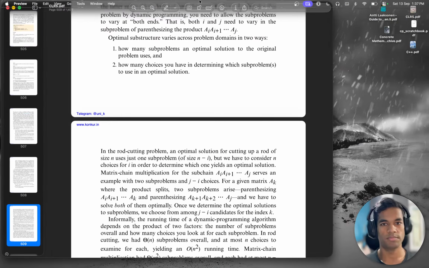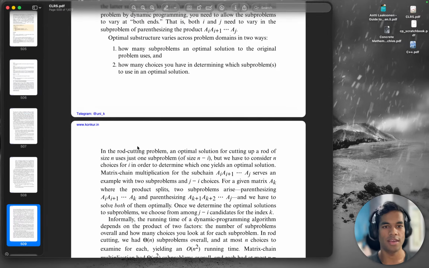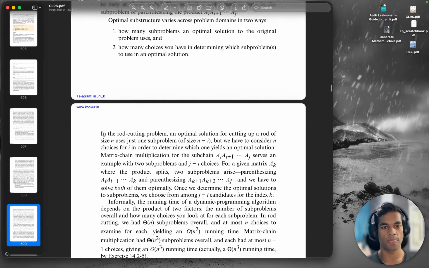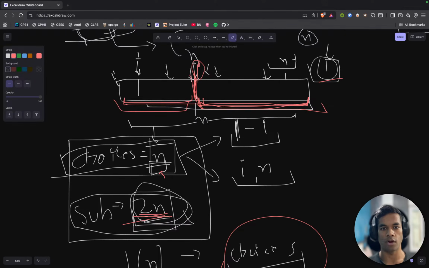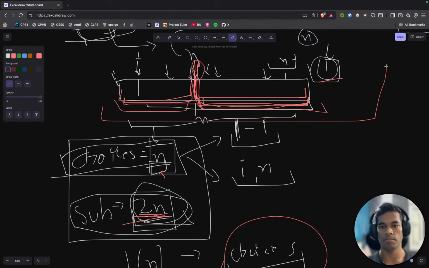I guess it would be around 3 a.m. there. In the rod cutting problem, just one subproblem. When we cut the rod at an index i, only the right side is the side that we are finding the optimal solution to. And we are saying that we are not cutting the left side, because that would also result in the same optimal solution for the higher level problem.